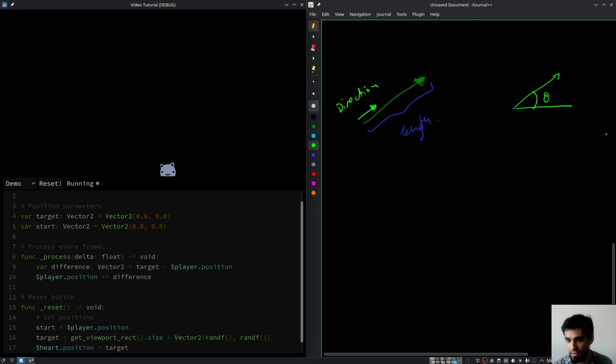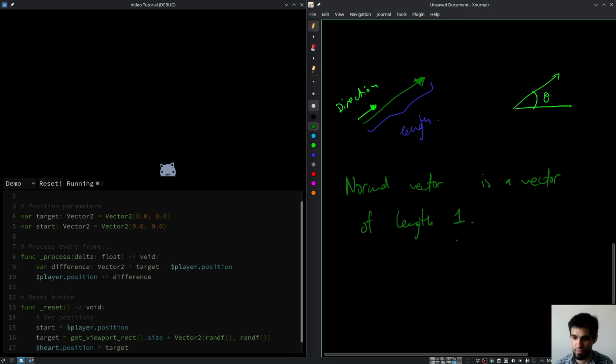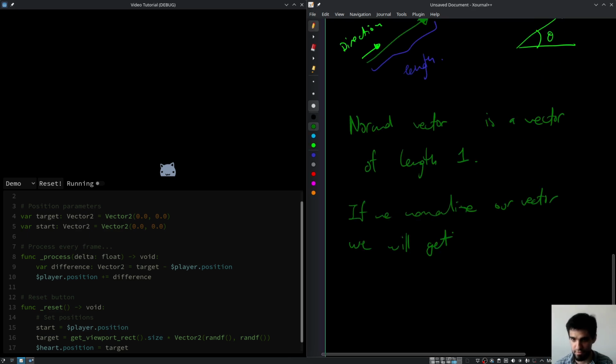But another thing is what are called normal vectors. A normal vector is a vector of length 1. And so if we normalize our vector, we will get a vector that is pointing in the right direction, but is only of length 1. So that's very useful for using speed. So let's do that.